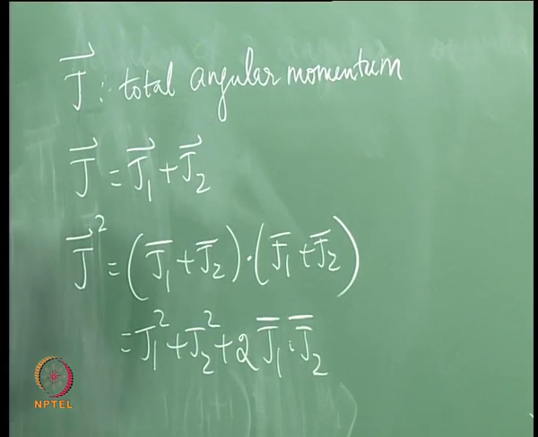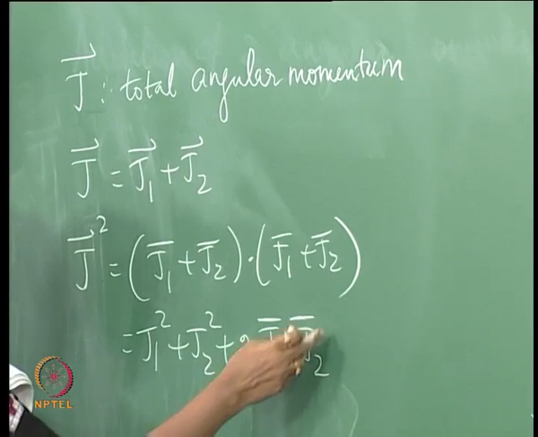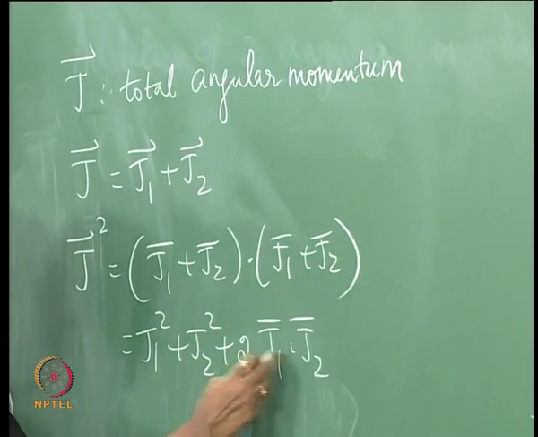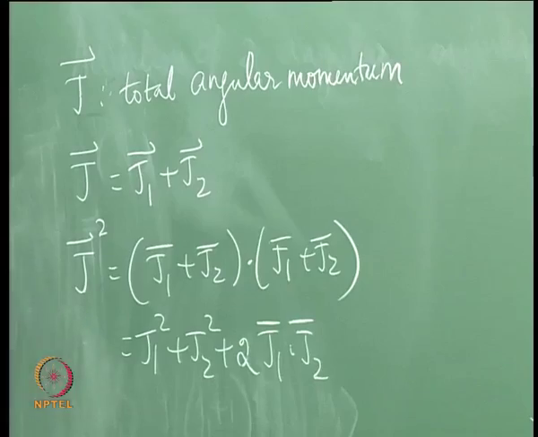Specifically, I should write J1 dot J2 plus J2 dot J1, and that is what I have written here as 2 J1 dot J2. Remember, J1 and J2 commute with each other, they are 2 different systems.